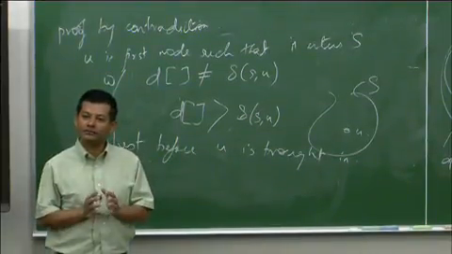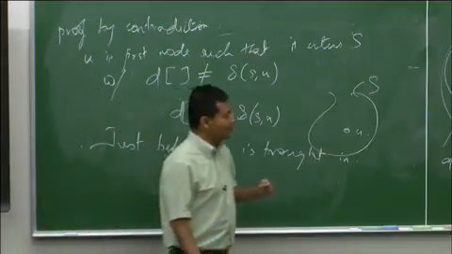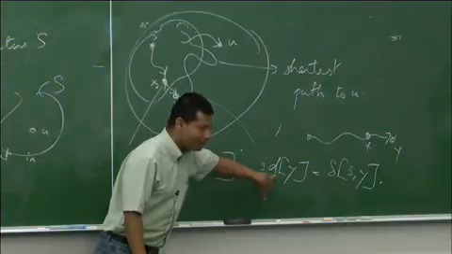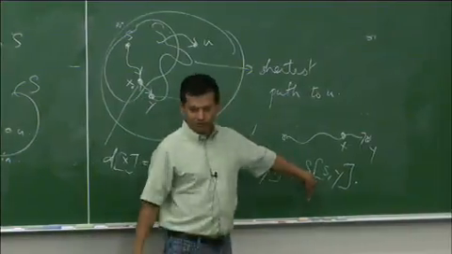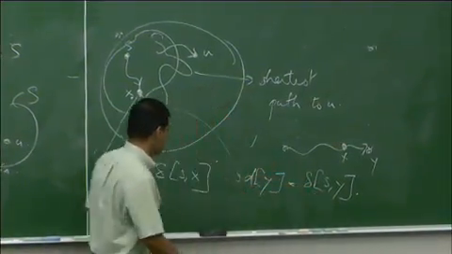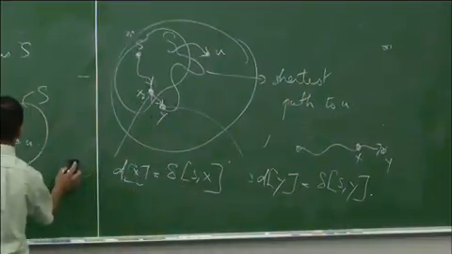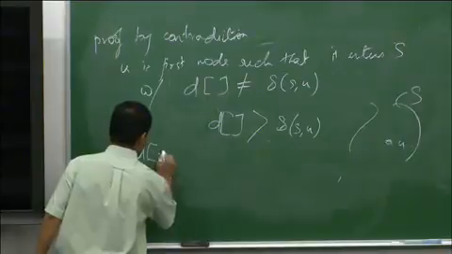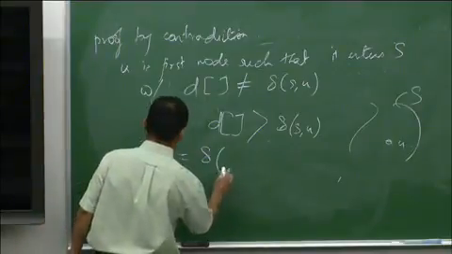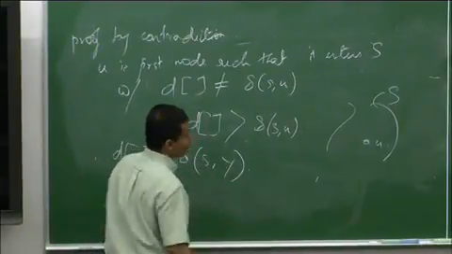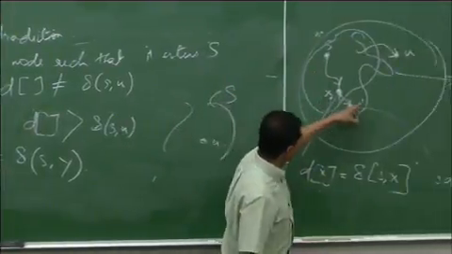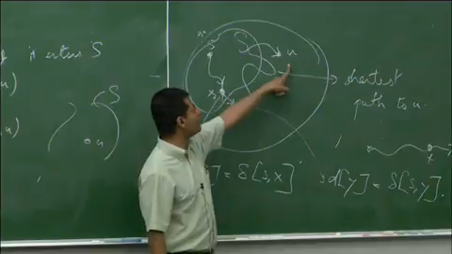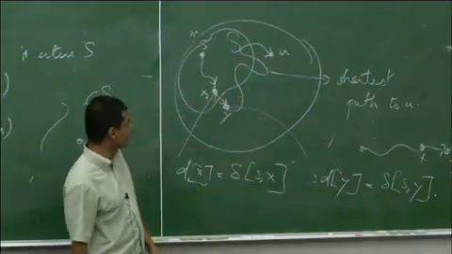Are you clear so far? Okay. So now what are we saying? The d value of y is the delta value of y. By the nature of this path, what can I say about the delta value of u and the delta value of y?